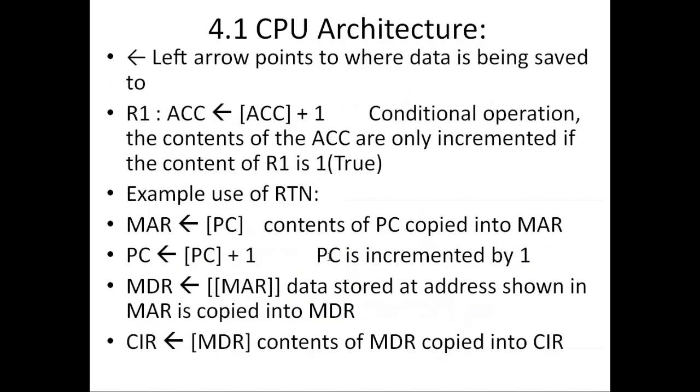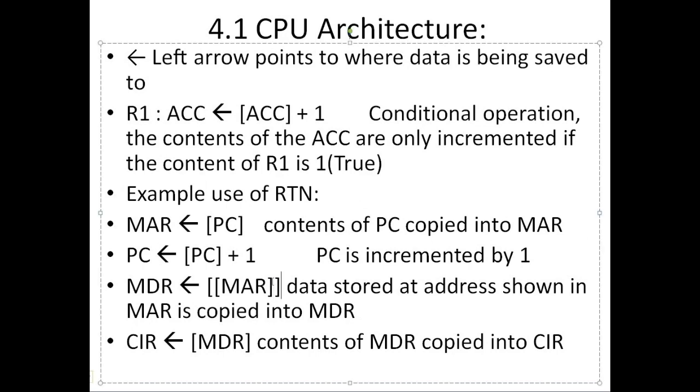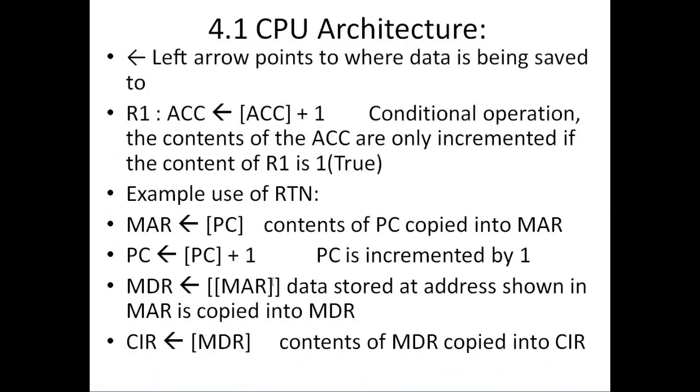This is the register transfer notation for the second step in the fetch cycle. Then we have MDR, or the content of MDR should be copied into CIR. This is pretty self-explanatory. I don't think I need to explain it. Okay, so these are all the register transfer notations that you are supposed to know about.